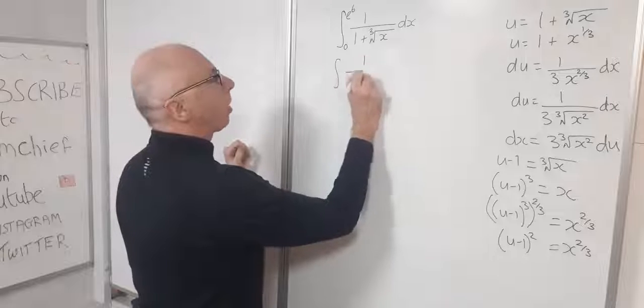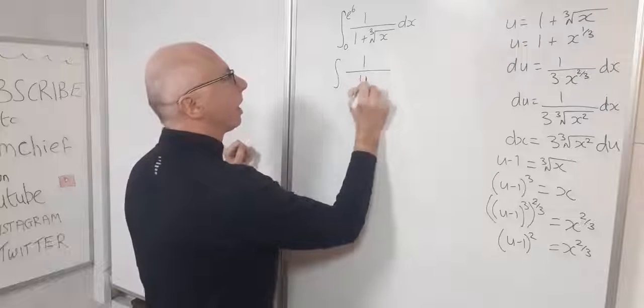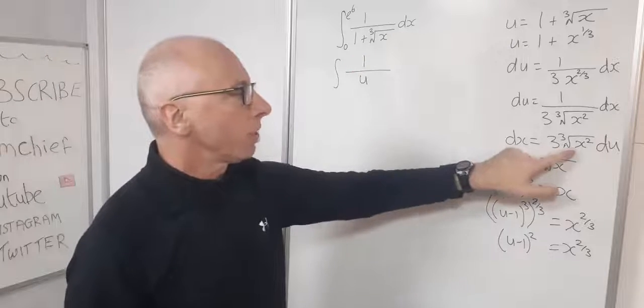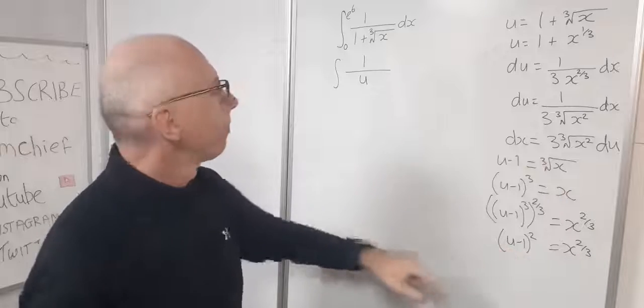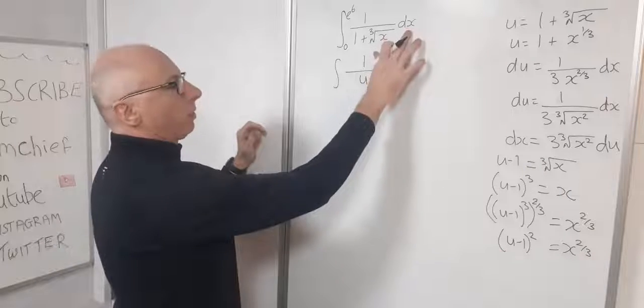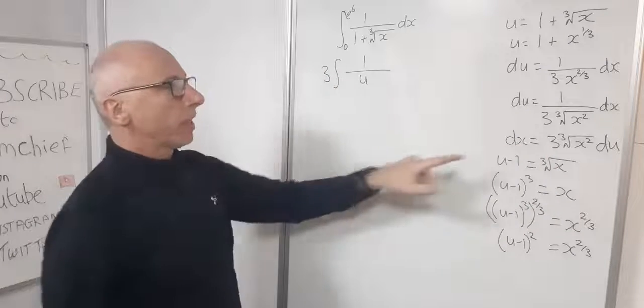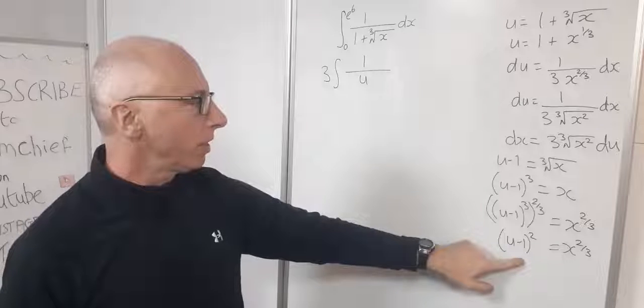Okay, so now I've got 1 over 1 plus cube root of x, which is u, and now what I need to do is put in my dx, which is 3 times the cube root of x squared, which is this one here. So I'm going to bring my 3 out front, because that's just a constant multiple, and then I plug in this for the rest of my du.